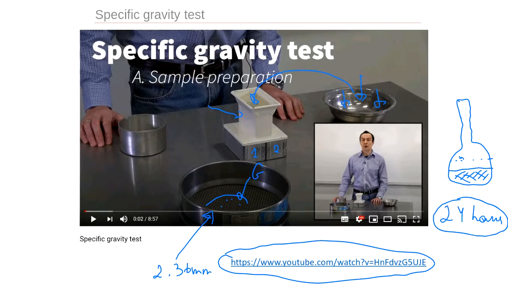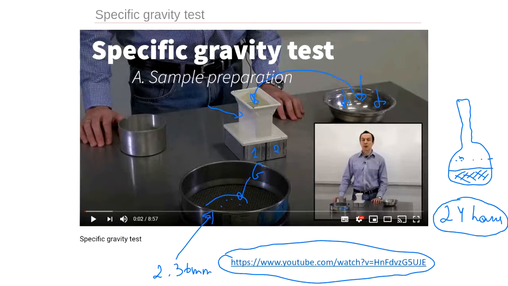If we pour water in the bottle, it will take some time for the moisture to evenly spread out in the soil sample and saturate evenly, because we don't want some parts to be dry and some parts wet, right?